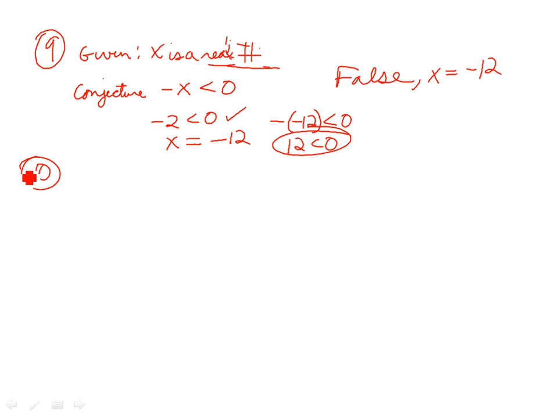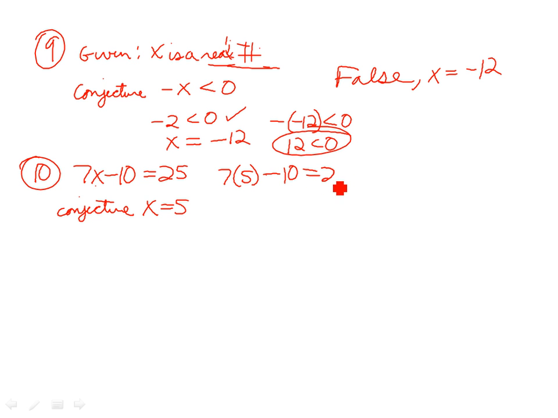Number 10, 7x minus 10 equals 25. That's what we're given, and we're deciding on the conjecture that x equals 5, whether that's true or false. Well, if we plug 5 in there, we get 7 times 5 minus 10 equals 25.